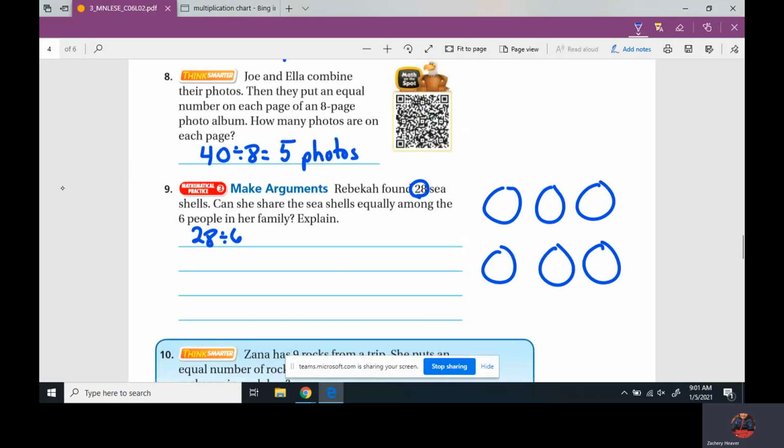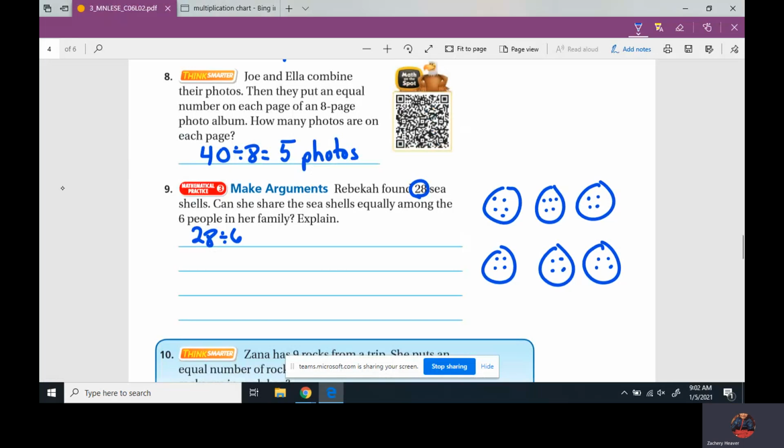Surely I can put 28 in this. 1, 2, 3, 4, 5, 6, 7, 8, 9, 10, 11, 12, 13, 14, 15, 16, 17, 18, 19, 20, 21, 22, 23, 24, 25, 26. Wait, I don't have any more left. There's no more to go on. There's 5 here and there's 4 in the rest.